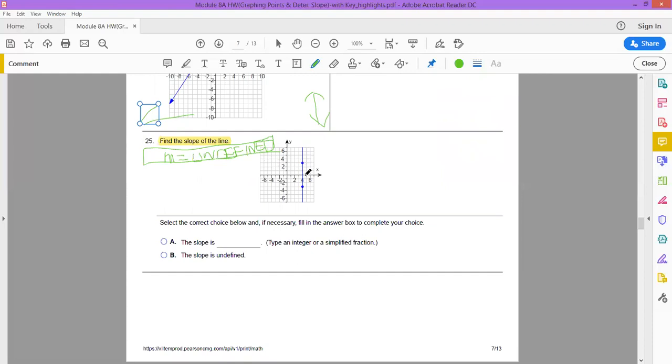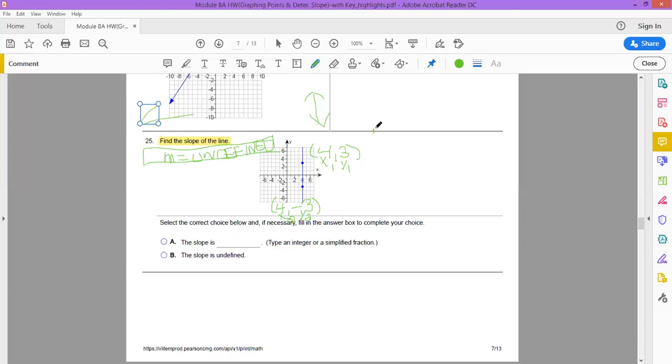So our ordered pair for this first point up here in the first quadrant is 4, 3. Let's go ahead and make these points our x sub 1 and y sub 1. Our second point down here in the fourth quadrant is at 4, negative 3. And we'll make these points our x sub 2 and y sub 2.